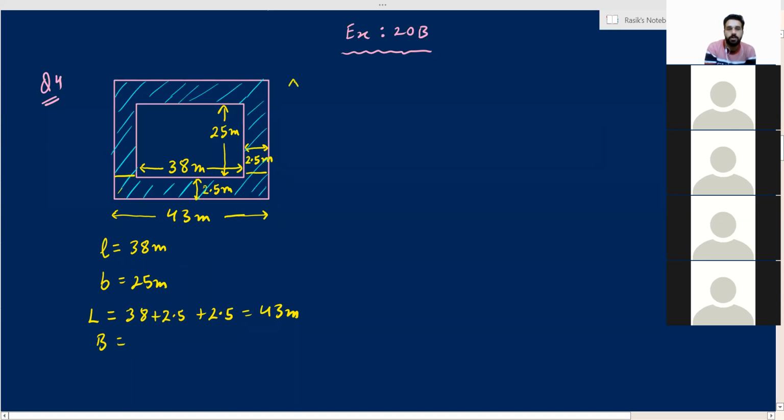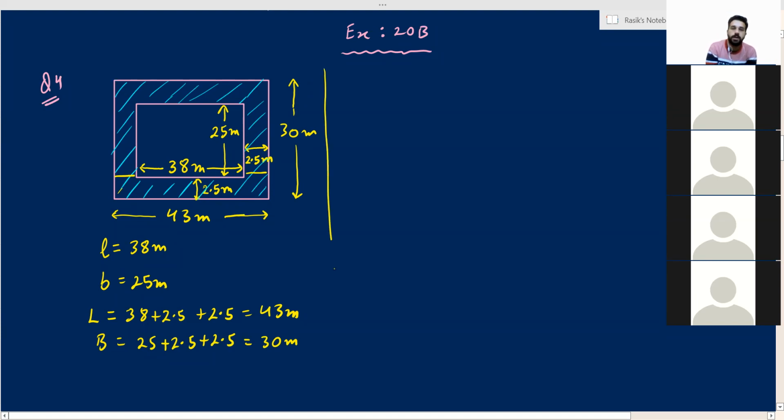So breadth will be 25 plus 2.5 plus 2.5 from both the sides. This will give you 30 meters. Breadth is 30.